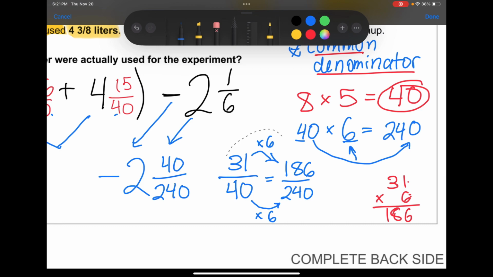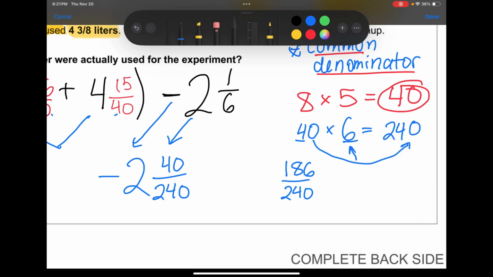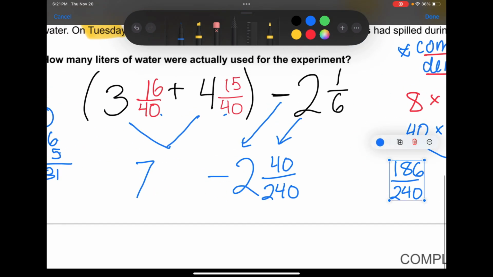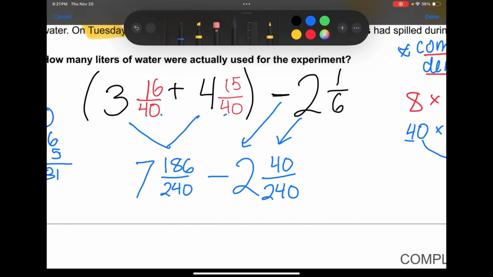And I'm just going to move this so it's not so crowded. And I'm going to take the fraction and change it. Now can I subtract it? Absolutely. So let's start with the whole numbers. 7 minus 2 is 5.